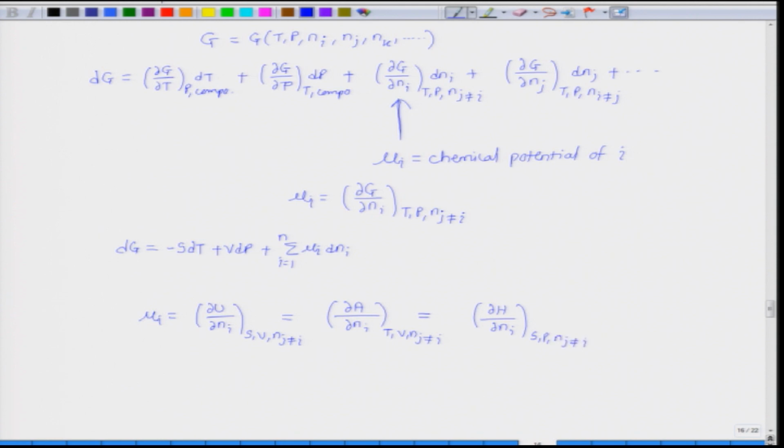So, now we know how to define the equation of state even when there is a change in composition. Now, this change in composition may be because of two things, right. The first way the change in composition is brought about is you allow the system to be an open system.